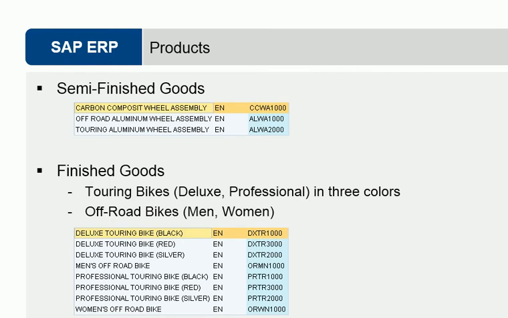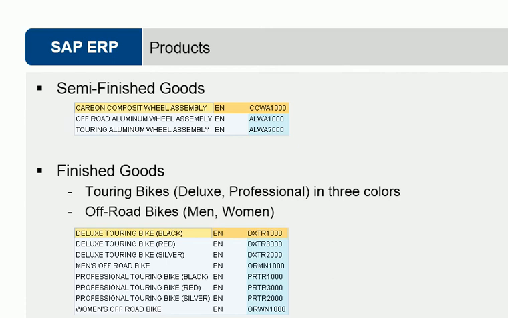The finished good, which is the bike, consists of some semi-finished goods. So we assemble the raw material to form semi-finished goods, and then we use these semi-finished goods to build the final product. So our products are either trading goods that we do not manufacture, we buy from someone and we sell, or raw material that we assemble to create the semi-finished goods.